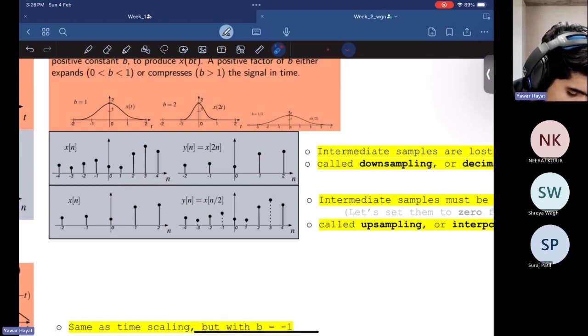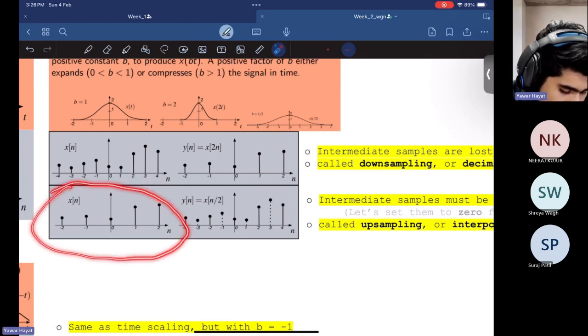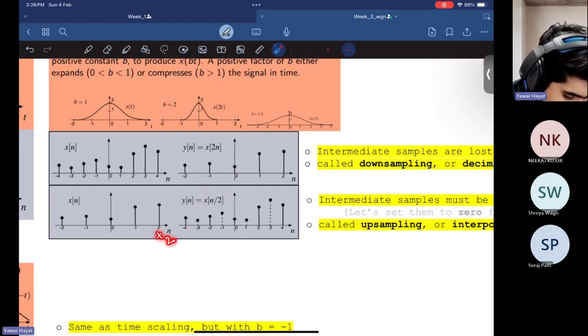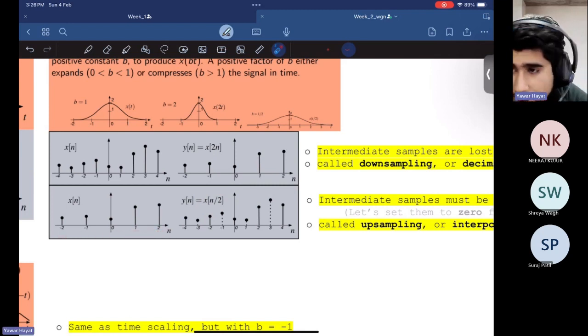However, in this case, since this is x of n divided by 2, you would have to look for these samples. Do you agree?